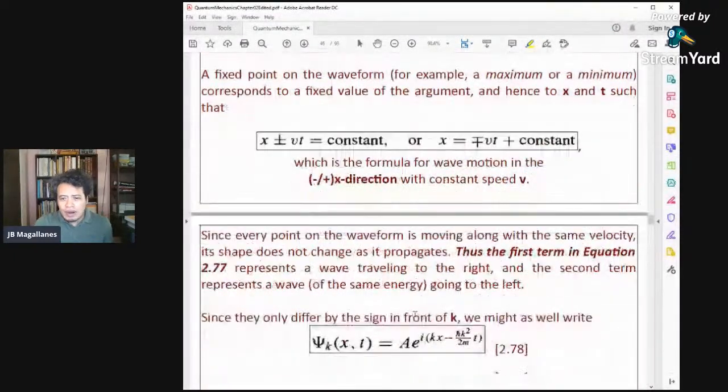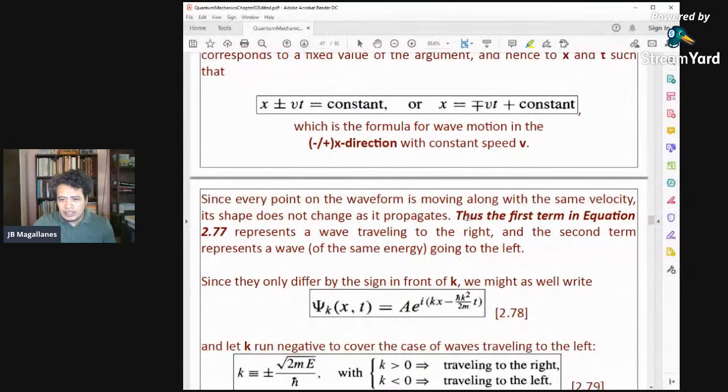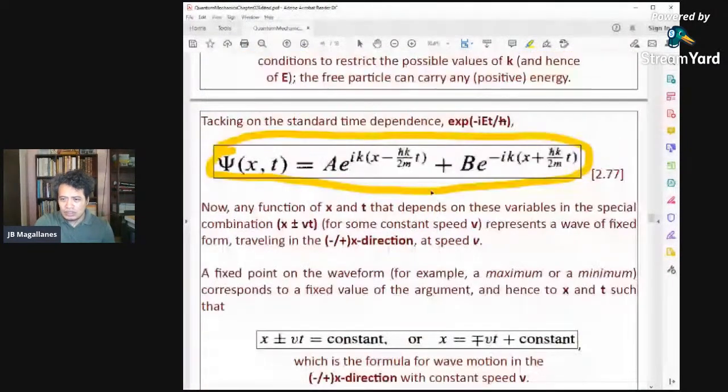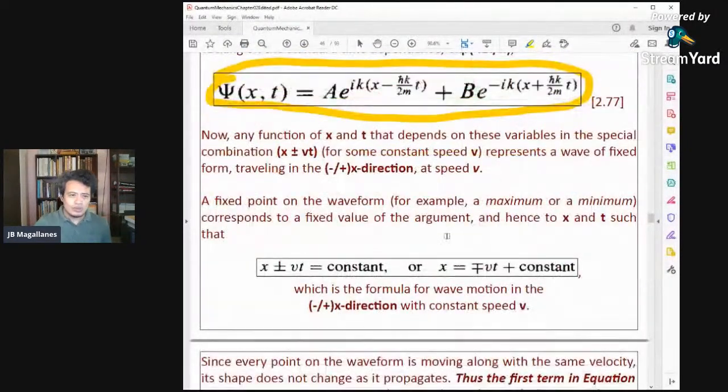So now we simplify this solution, because we have waves going to the right and going to the left, and that's just determined by the sign of k, the propagation vector of the wave.